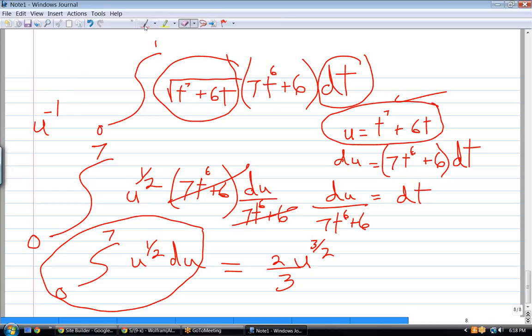So this is the only integral that is not using the power rule. This is natural log of u. But anything else other than that exponent of -1 is just the power rule. So this is going to be easier to evaluate as a function of u than as a function of t. If I were to go back and substitute this expression for u and evaluate it from 0 to 1, I think that's a harder evaluation than evaluating that.